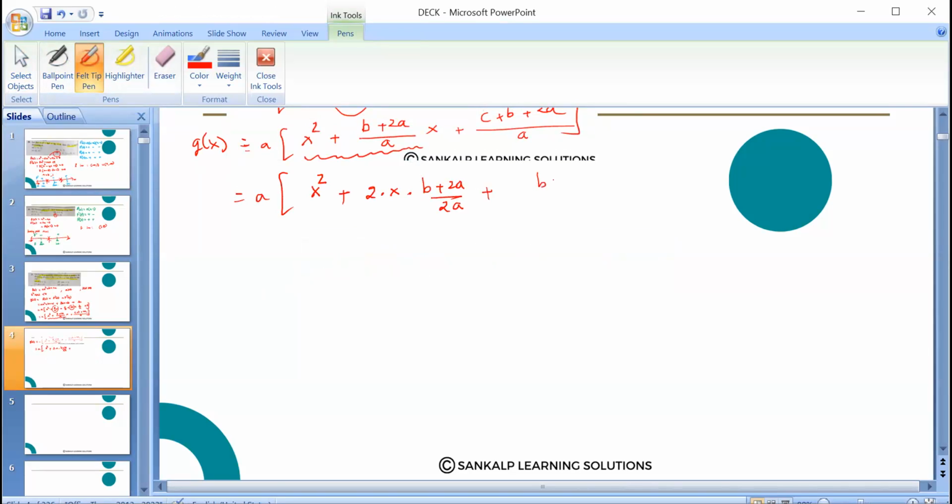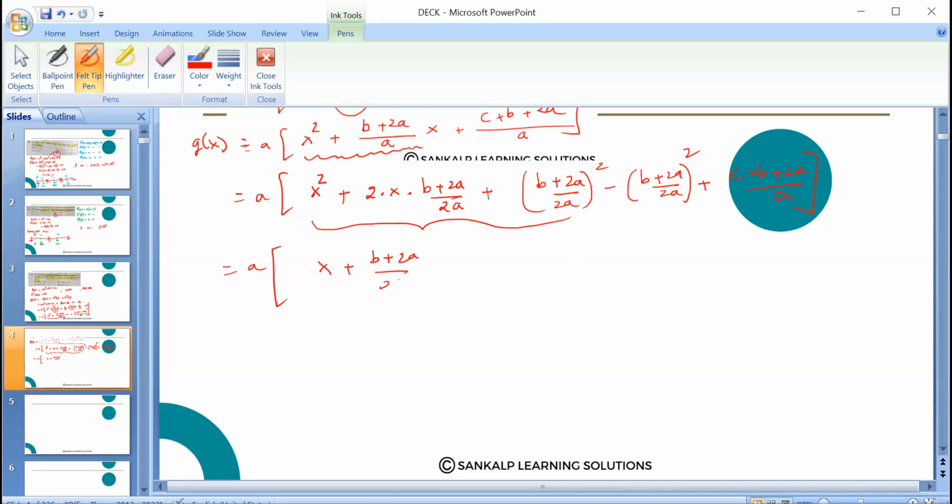So what I need is B plus 2A by 2A whole square I will add, and B plus 2A by 2A whole square I will subtract. And then I have C plus B plus 2A by B. So looking at this, I can write A plus B whole square.